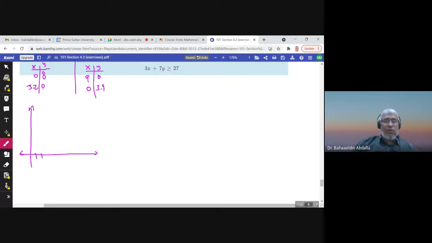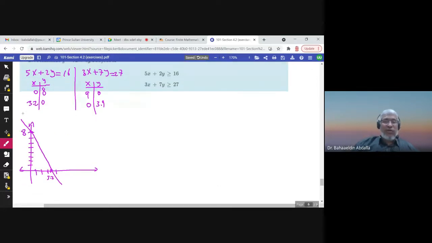So let us sketch the graph of this region. 1, 2, 3.2. This is 3.2. This is 8, 0, 8. So this is the first line. This is the line with equation 5x plus 2y equals 16.